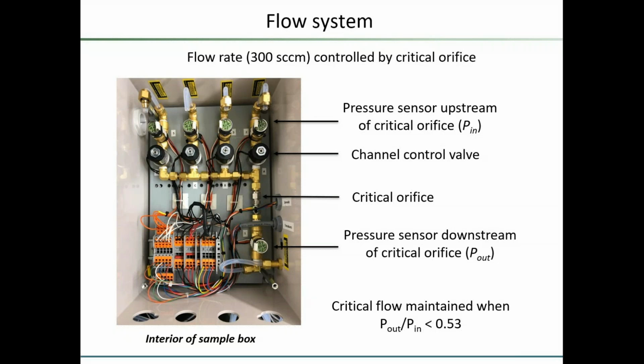So we also know that the flow through the orifice is a function of temperature. So we measure the temperature of the critical orifice continuously, and so we can calculate the flow rate through the orifice. Now, for this prototype system, in one of the boxes, we do have a mass flow controller, just so that we can confirm that when we measure the temperature of the orifice and we correct the flow rate, we do get a flow rate that matches what a mass flow controller would measure.